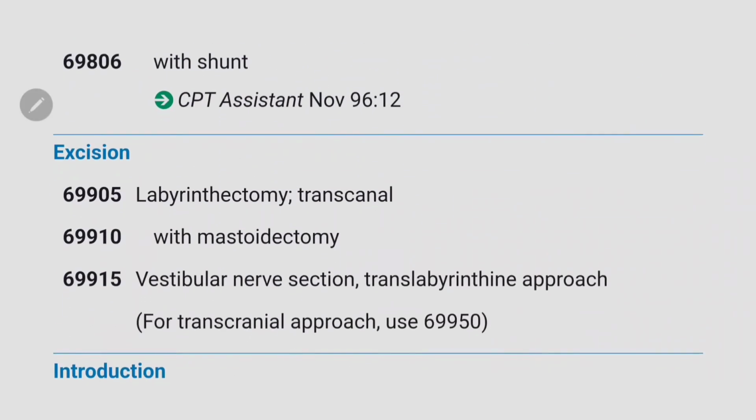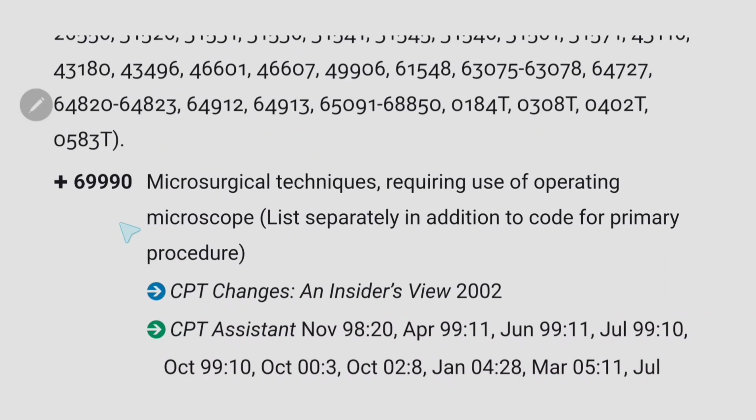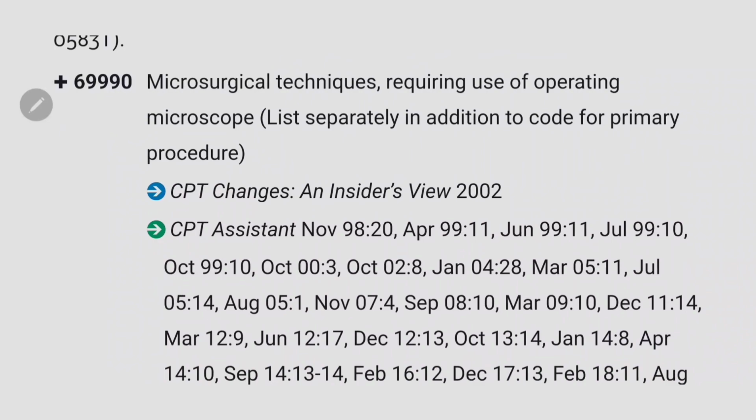Then we have codes for excision, that is labyrinthectomy. Introduction codes, that is cochlear device implantation with or without mastoidectomy 69930. Next important code is the add-on code 69990, that is for microsurgical techniques requiring use of operative microscope. So you have to list this separately in addition to the code for primary procedure.